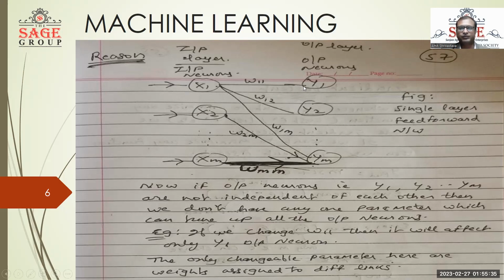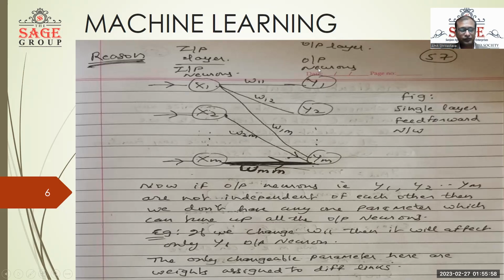The outputs y1, y2, etc., we will be calculating using some formula, and that formula will be fixed. So these predicted outputs will also be the same, cannot be changed, and the actual outputs will also be coming from the data set. That is, they can also not be changed. So the only changeable thing here is the weights.